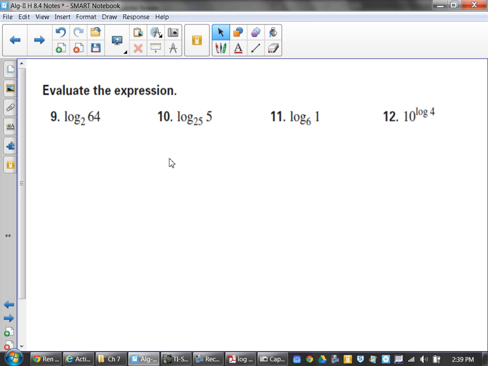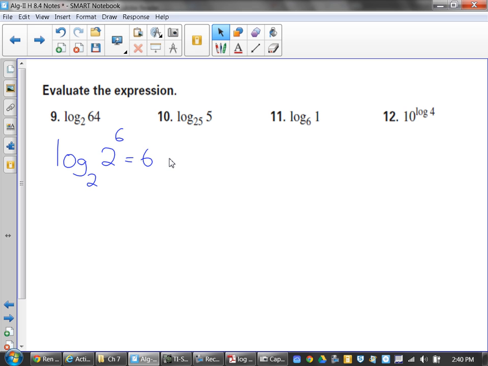Well, 2 to what power is 64? That's what you're asking yourself. If you rewrite it in terms of base 2, that's 2 to the, is it the 6th? Yes. See how they're the same base? So it simplifies out to equal 6. Correct. All right.